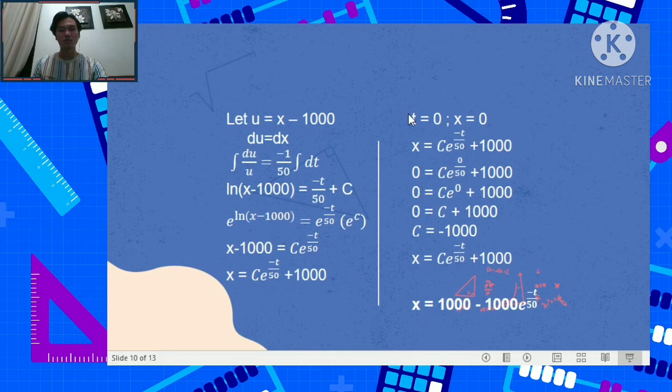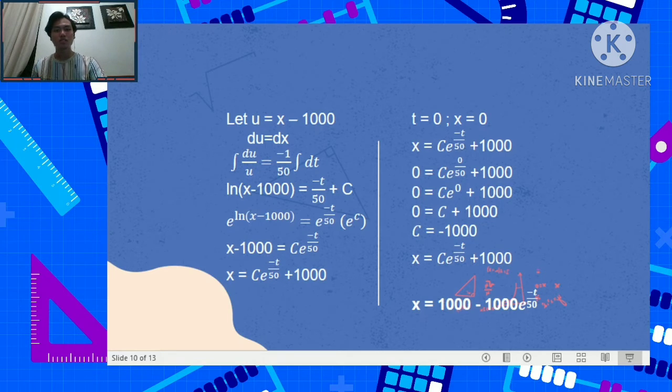Then we will have to solve for c, given that t is equal to 0. Then x is equal to 0 since it is a pure substance. Substitute x, we'll have 0 is equal to c e to the power of 0 over 50 plus 1000. And 0 over 50 is 0.